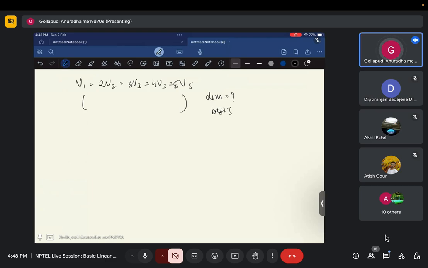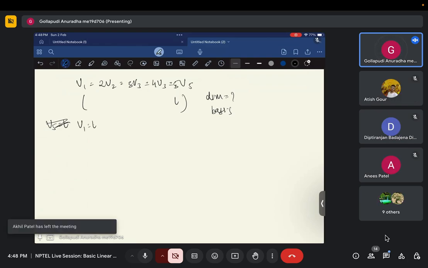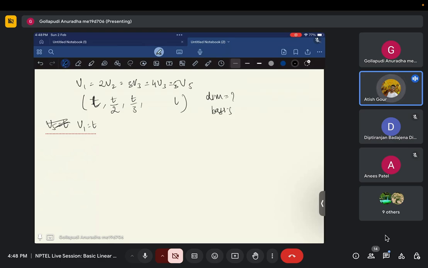Suppose I take v1 as some arbitrary value t, then I can write it as t, t by 2, t by 3, t by 4 and t by 5.